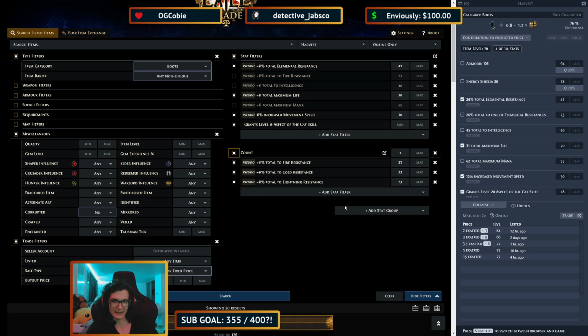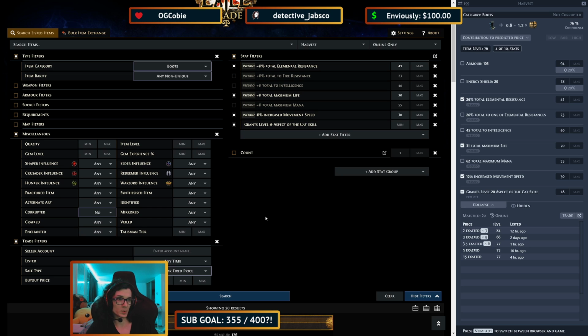It also made a count of 1 for any resistances, because it has a total elemental resistances of 26. But personally, I asked for 41. So instead of doing a count of total to each and every one of these and counting one of those, it actually removed that, because I'm not using this here, as you can see.